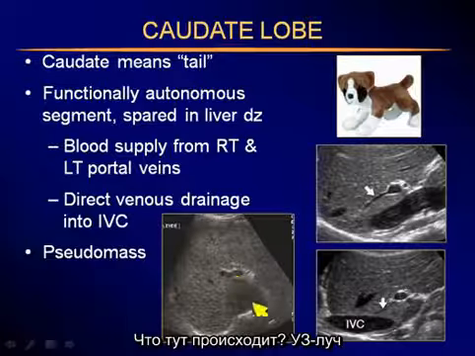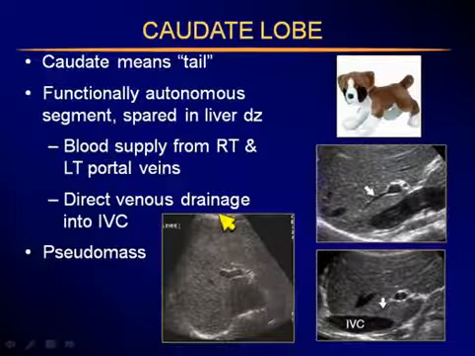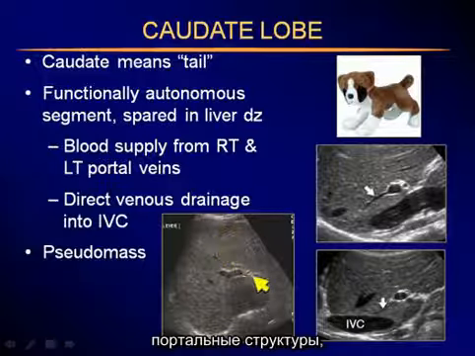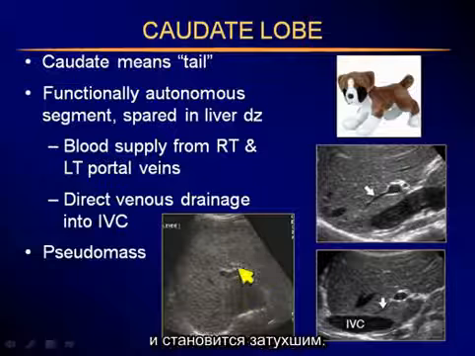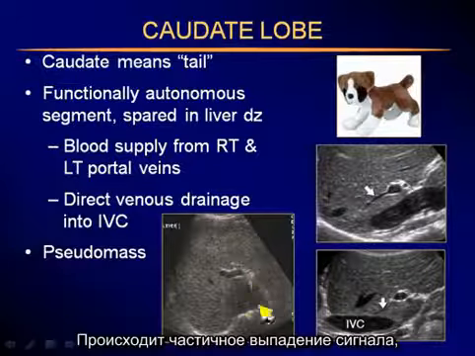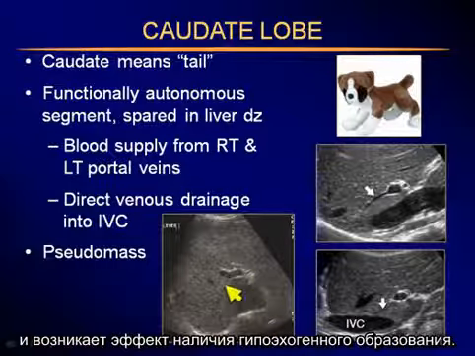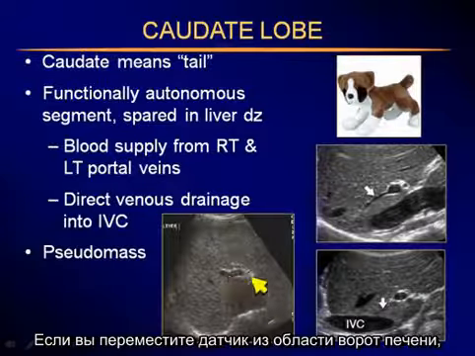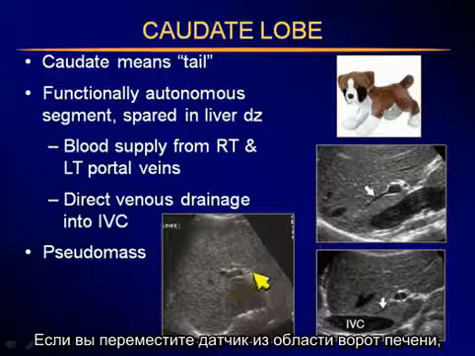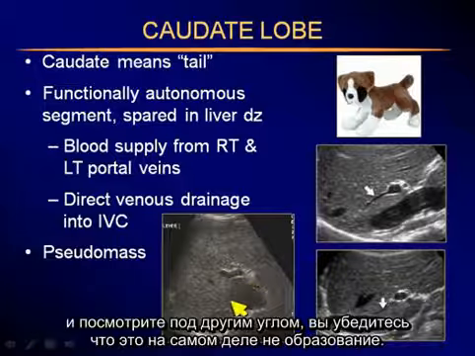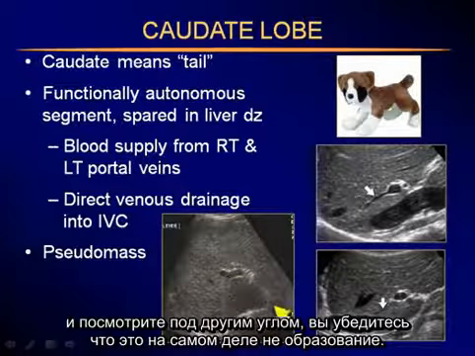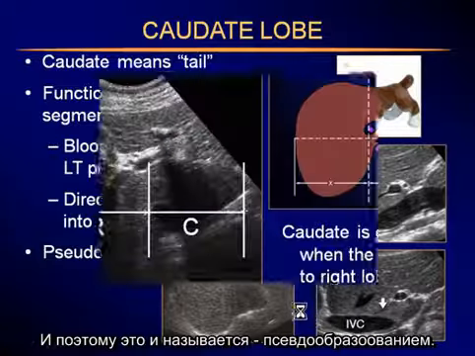What happens with the pseudomass is that the ultrasound beam comes through the portal structures and becomes attenuated. So it partially drops out, giving it the appearance of a hypoechoic mass. If you move off of this porta and come in with the beam from different angles, you will see that this is not truly a mass. That's why it's a pseudomass.